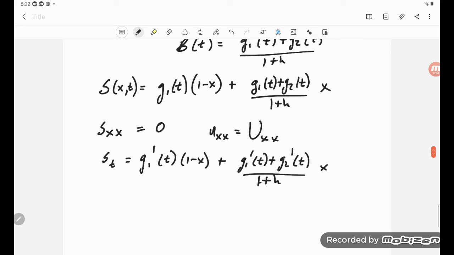And so when we look at U sub t, that is definitely not equal to little u sub t, because we've added that stuff in.